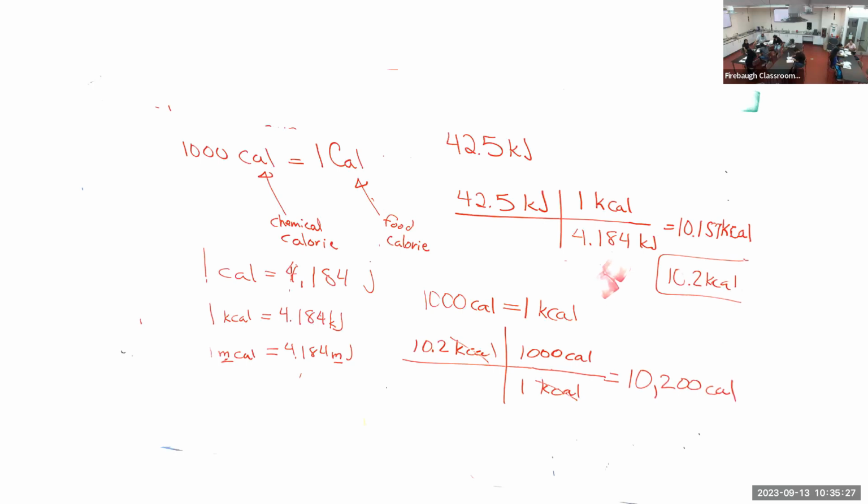I can also, if I wanted the food calories, which I told you I want, capital C calories, use this because I know that 1 capital C calorie is also going to be equal to 1 kilocalorie. So then, if I was talking about food calories, 10.2 capital C calories.